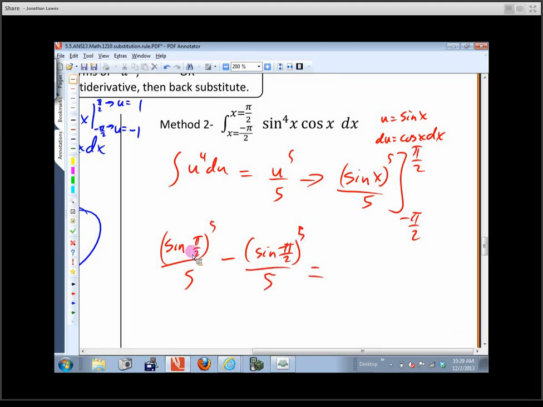Sine of pi halves is 1, raised to the 5th, so that's going to be 1 over 5. Sine of negative pi halves is negative 1 raised to the 5th, so that's minus negative 1/5. So in either case, I end up with the answer 2/5.